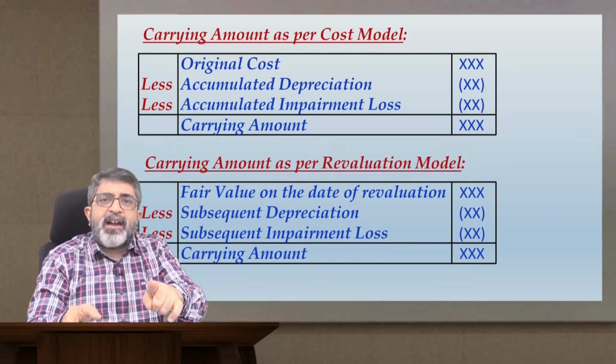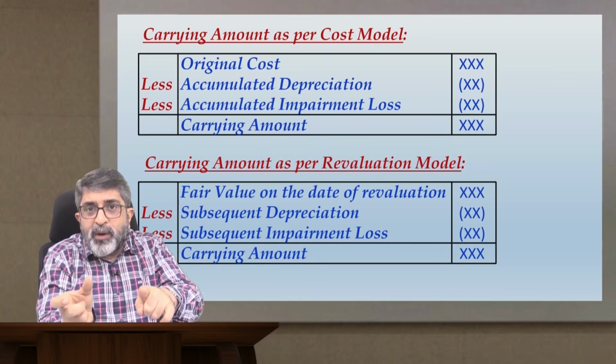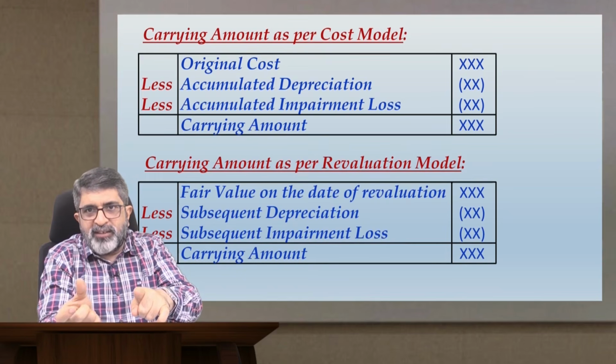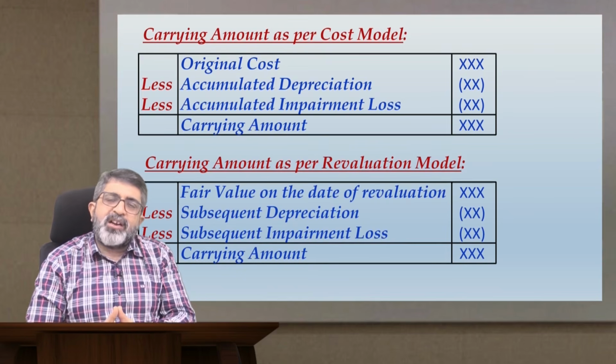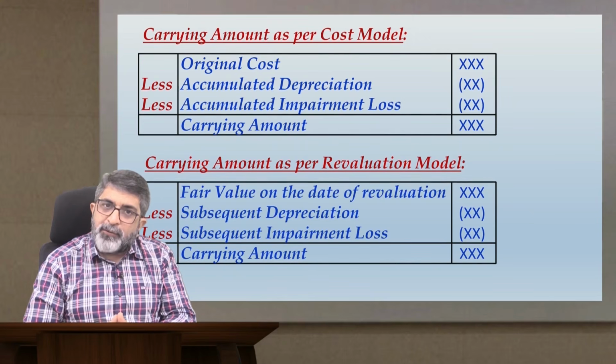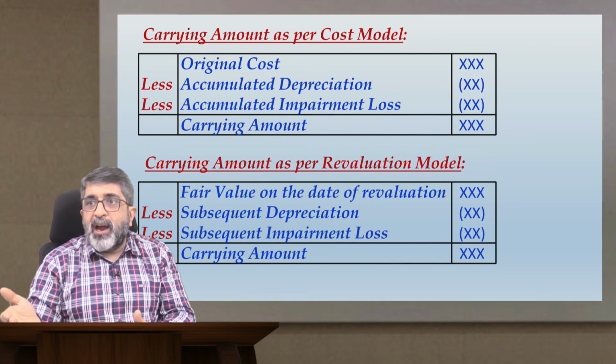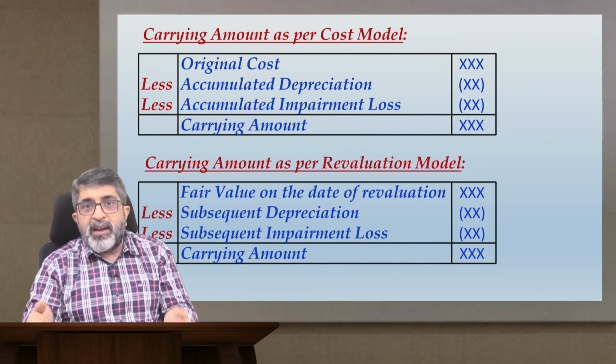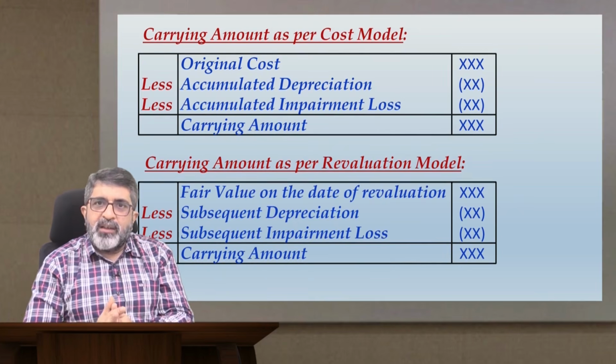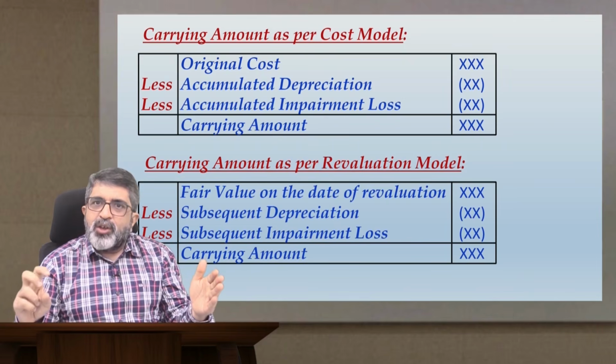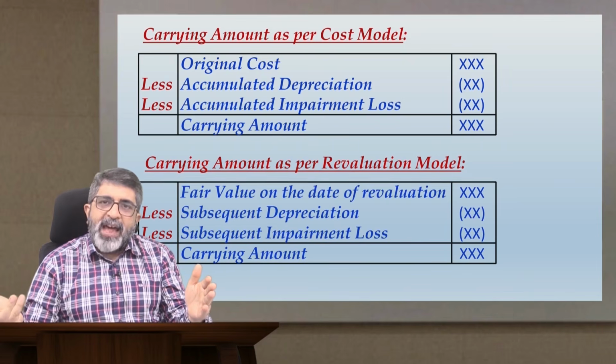From that you subtract the subsequent depreciation and impairment losses to put it as a reporting date of year end 2025. Same thing you will do at 2026. But when you arrive at 2027, it's like 3 years gap. You would now want to revalue your asset.